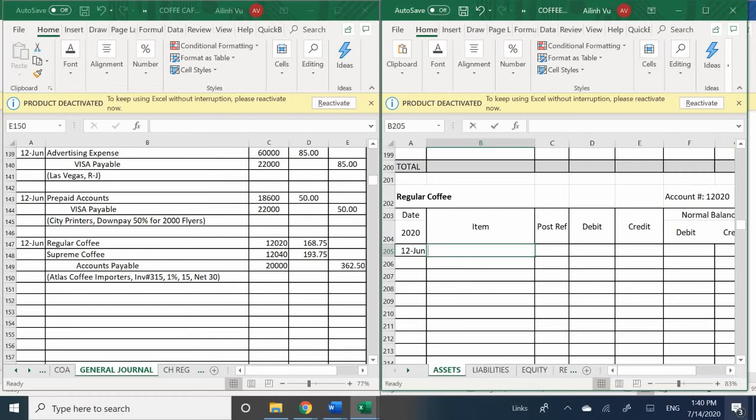You can write anything in here; I'm going to write 125 pounds, just a little detail. Post reference is going to be GJ number 4. And I increased it by 168.75. Because it's my very beginning balance, it should start off with 168.75.